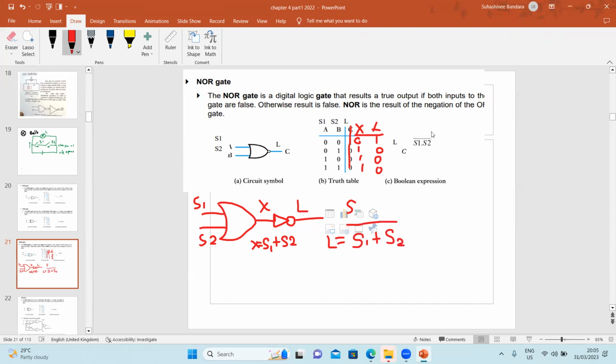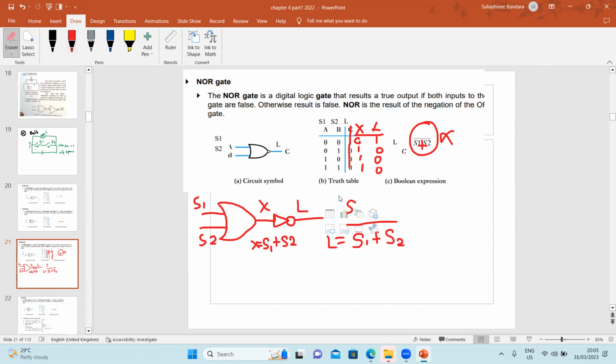Just look, there is an error in the school teacher guide. It should be plus and the over bar, not the dot. If you are referring to the teacher's guide, there is an error. I took the screen from the teacher guide. That is wrong. There should be the plus and over bar. Just look at this one.